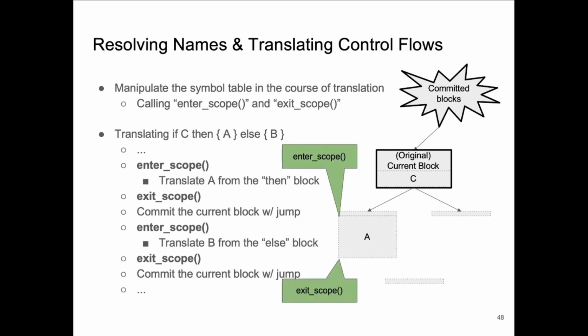In other words, you pop the top layer in the symbol table. And you finish the block by jumping to the continuation block.